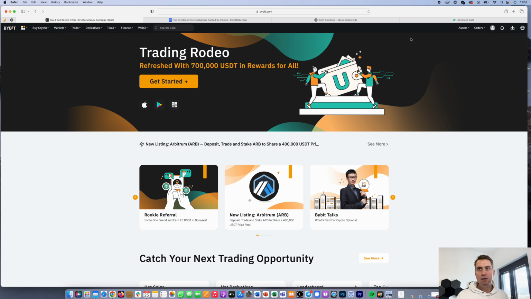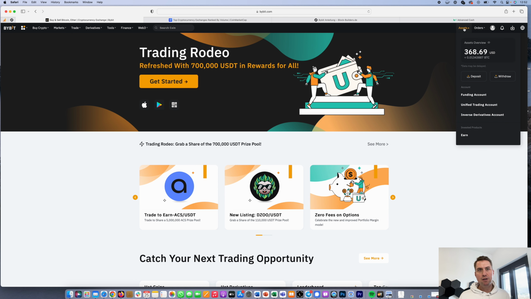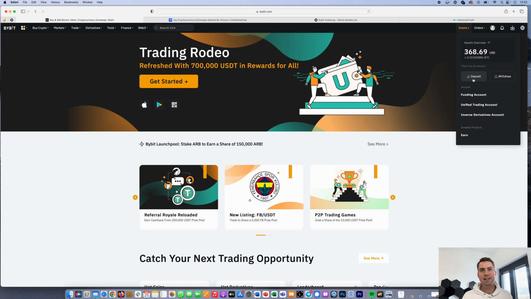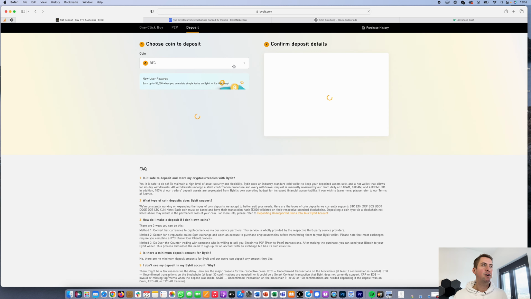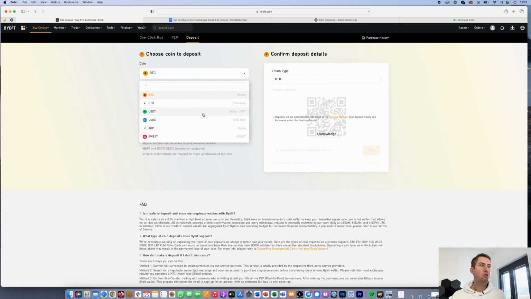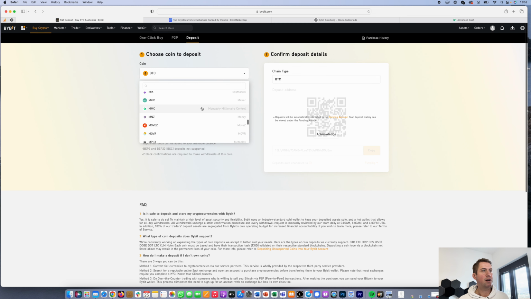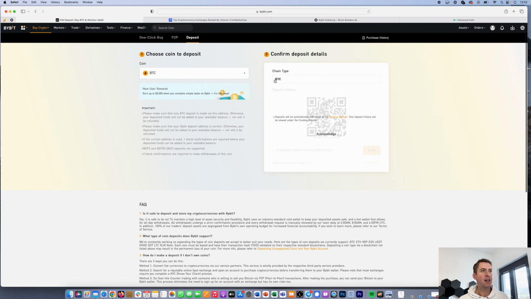Once you have an account, the first thing you need to do is deposit money. The easiest way to do that is to click on assets here and then deposit. There you can deposit any cryptocurrency that is traded on Bybit. There are currently more than 300 currencies traded on Bybit, so you can deposit them all.